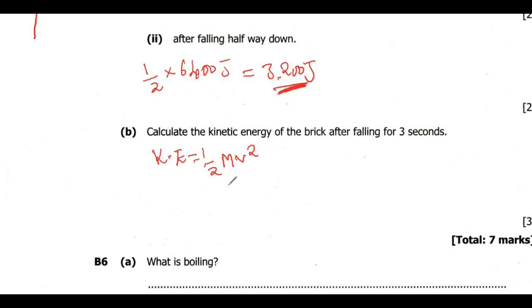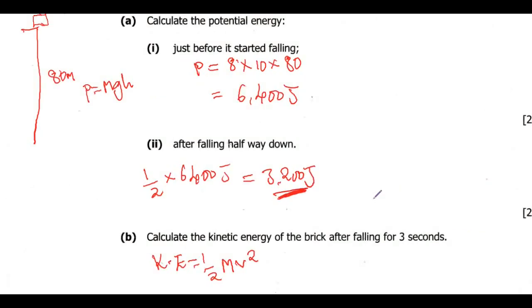We have the mass, and what we want is to find the velocity. We don't have the velocity. So how can we solve this question? We need to find the velocity after falling for 3 seconds.